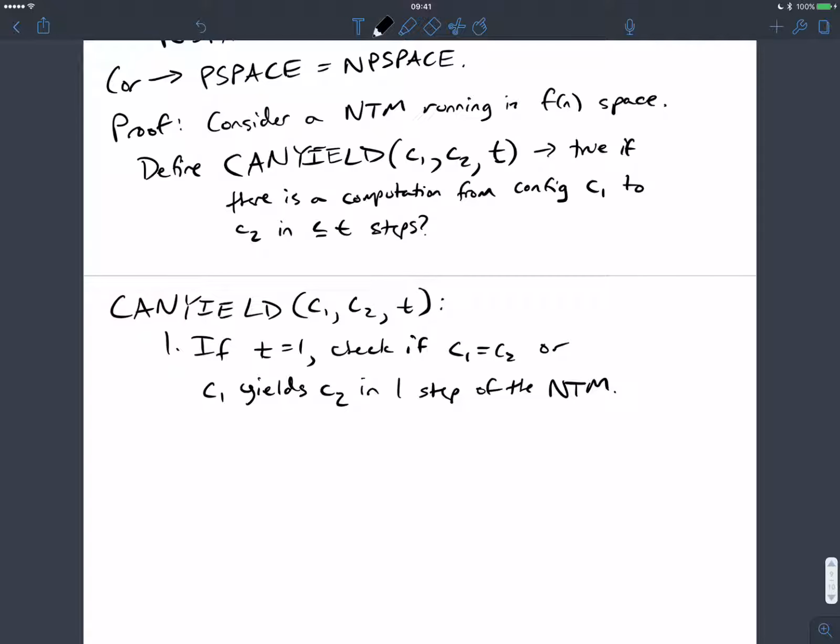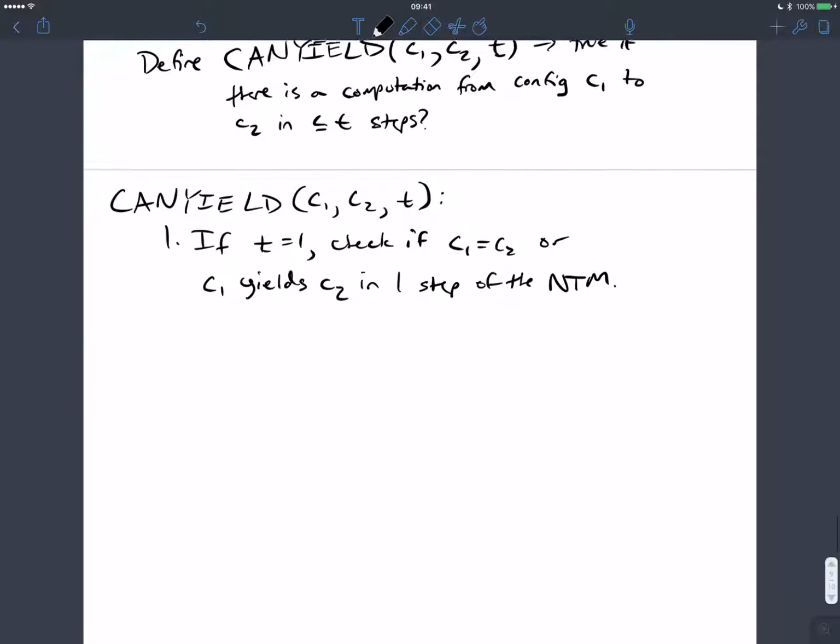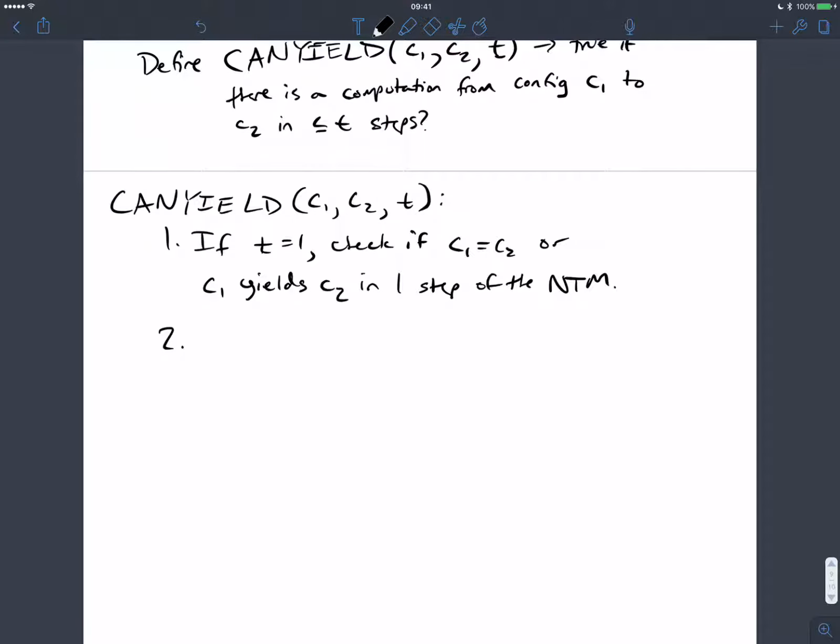Can I try all of them? Yeah. I'm not bounded by time. I'm bounded by space, but I'm not bounded by time. So look at every possible middle configuration and try all of them. That's what we're going to do.